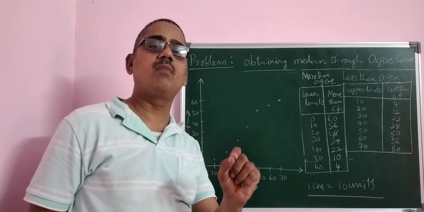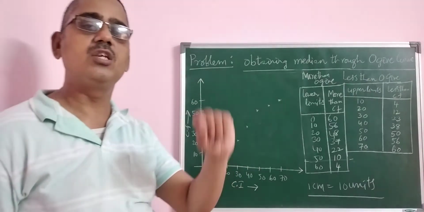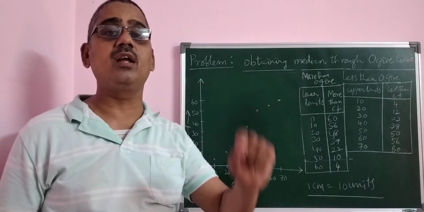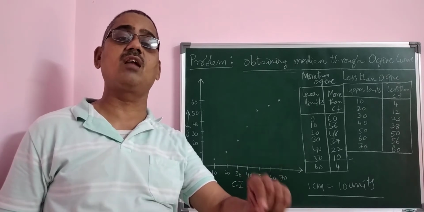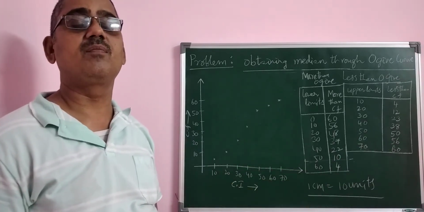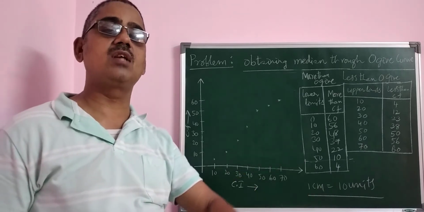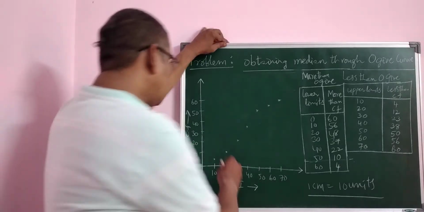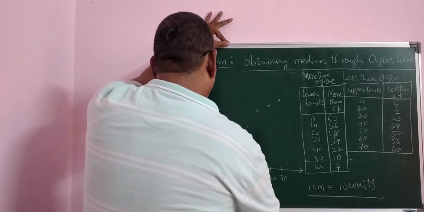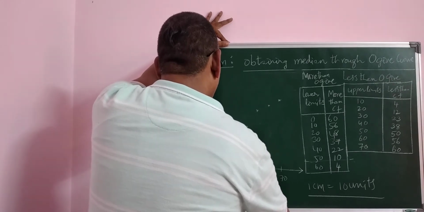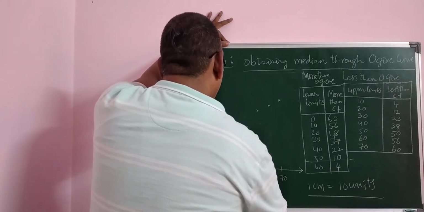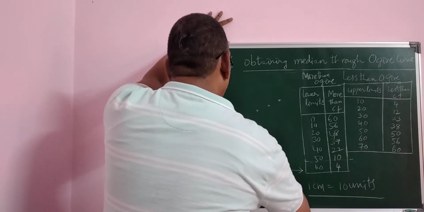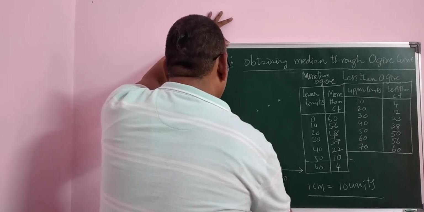Now by joining these points by smooth freehand curve, the curve obtained is known as less than cumulative frequency curve, less than Ogive. So join these points, you will get a curve by smooth freehand, that is by hand you join the points. No curvature between the points. You remember, join the points at the shortest distance.